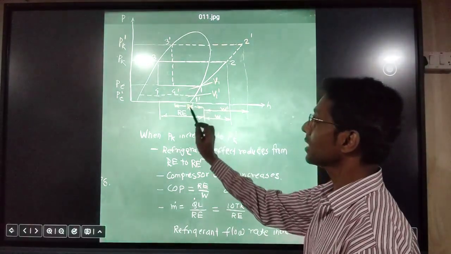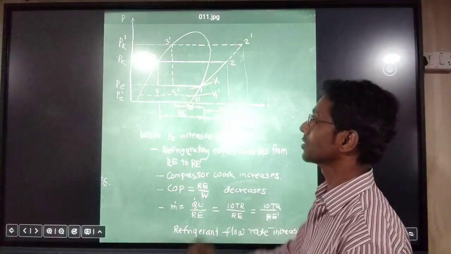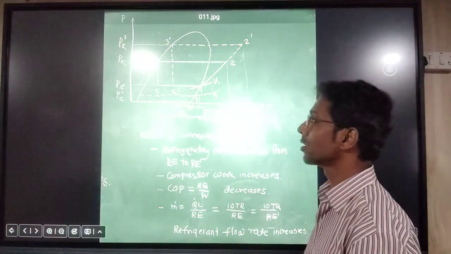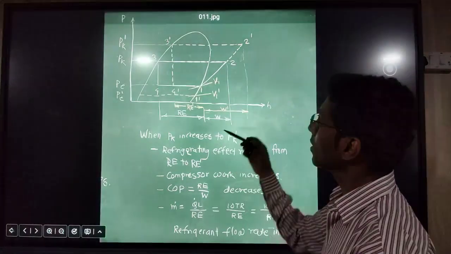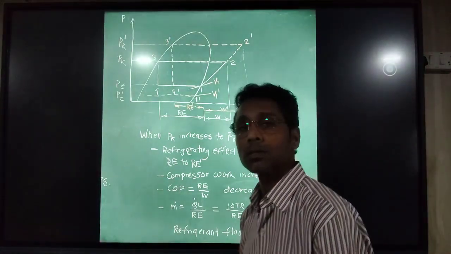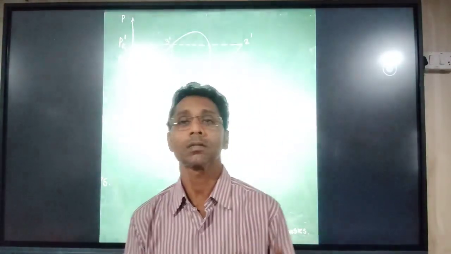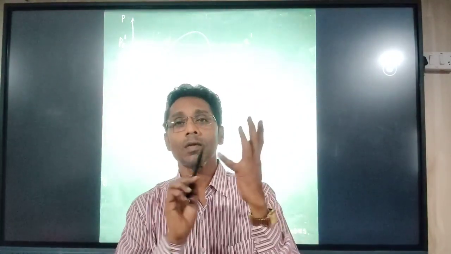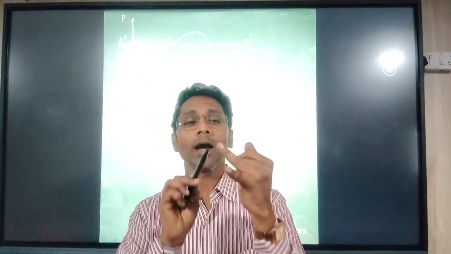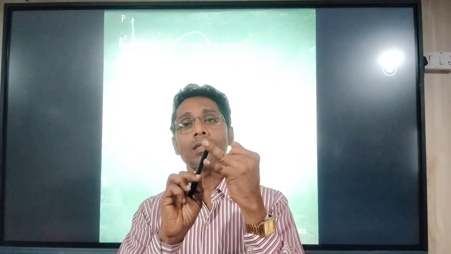So 1 to 4 dash is the refrigerant effect, RE dash. This RE dash is also reduced, which means that when we use a single stage system for heavy duty application, the refrigerant effect is decreased and compressor work is increased.